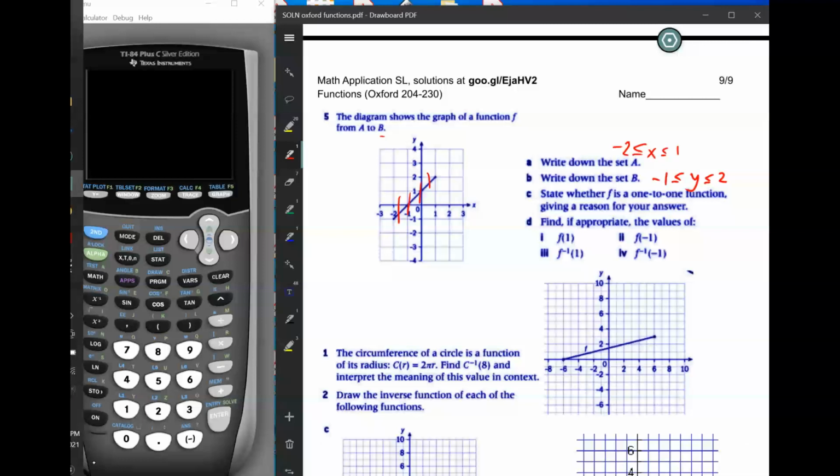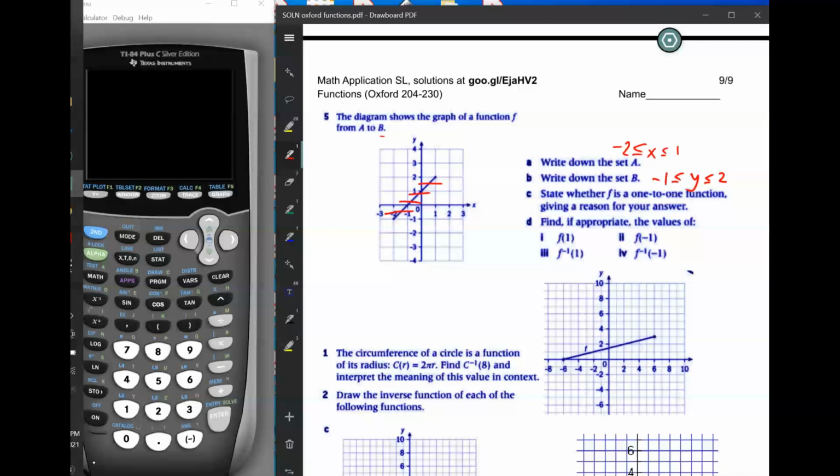How do we prove that it is only one-to-one and not many-to-one? Because a one-to-one function means that it doesn't have many-to-one and it doesn't have one-to-many. If we also do the horizontal line test and we also only cut the function once each time, then that is proving that it is really just one-to-one.